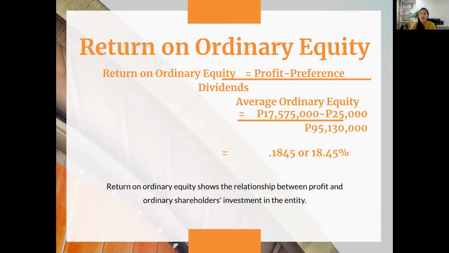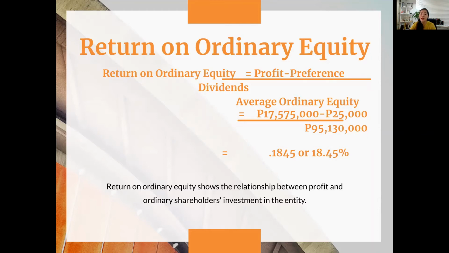Okay, return on ordinary equity. Return on ordinary equity means profit minus preference dividends. Okay, profit minus preferred shares or preference dividends.